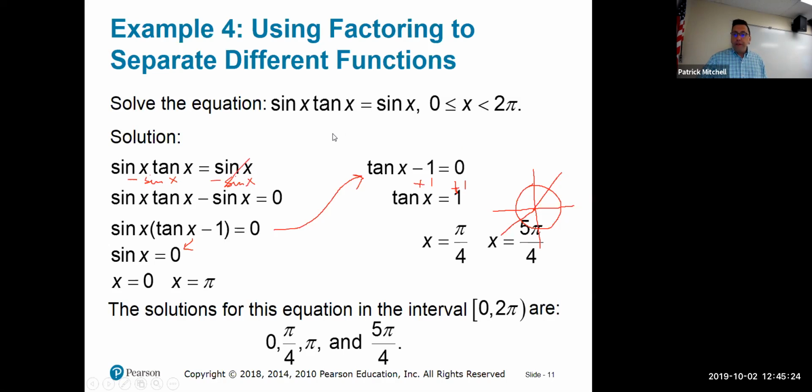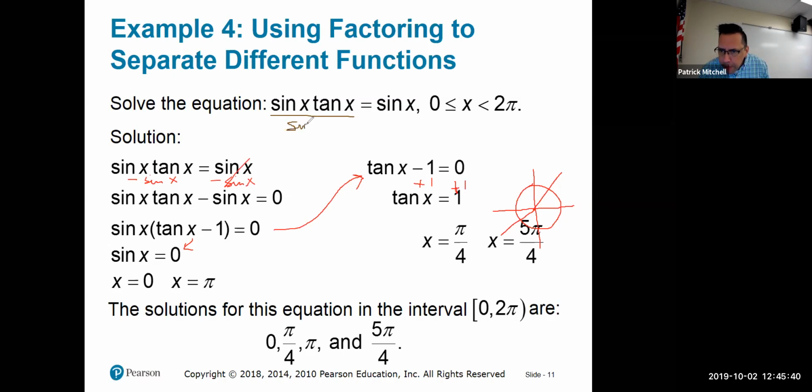All right, I almost forgot to mention, why would you not want to start this off by dividing both sides by sine x? Well, let me show you what happens if you do that. If I started off by dividing both sides by sine x, that would leave me with tangent x equals 1.